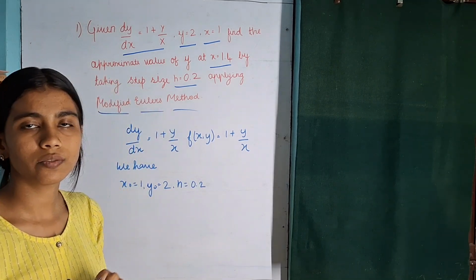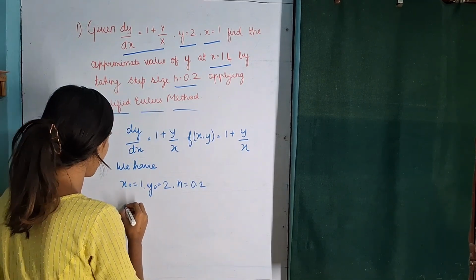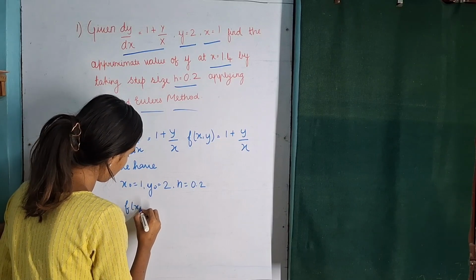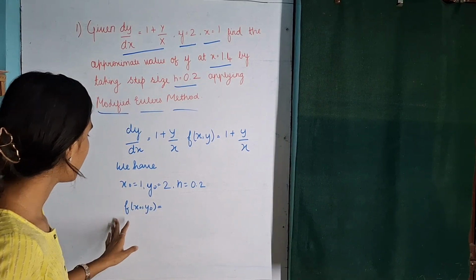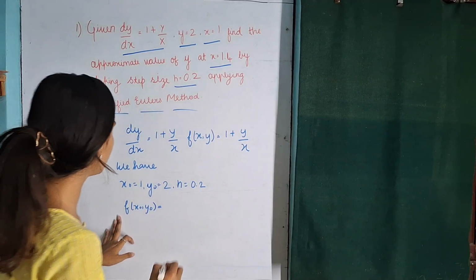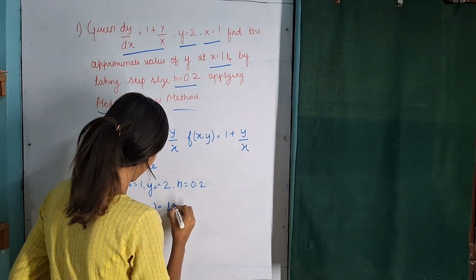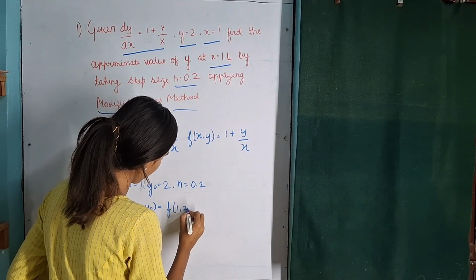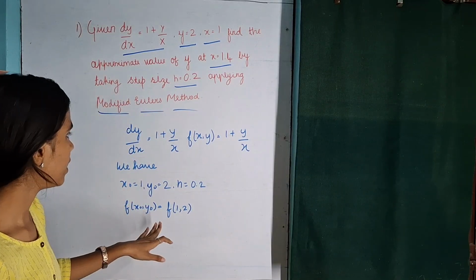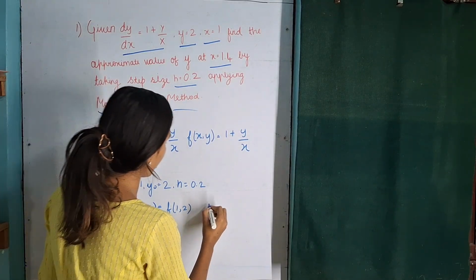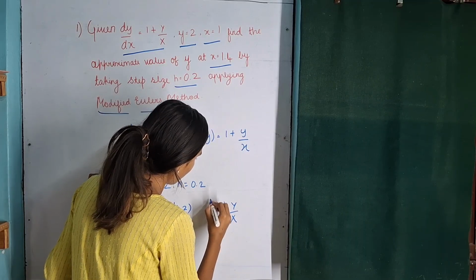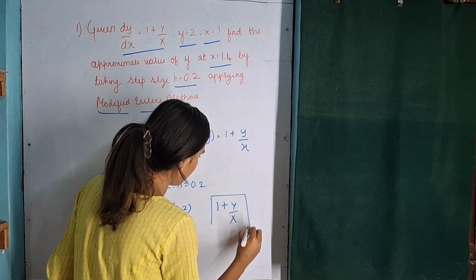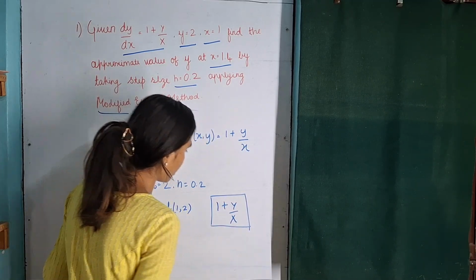What will we first find out? We will first find out f of x naught comma y naught. Your x naught is 1, your y naught is 2. You are going to put this in your calculator. Press the calculate button.